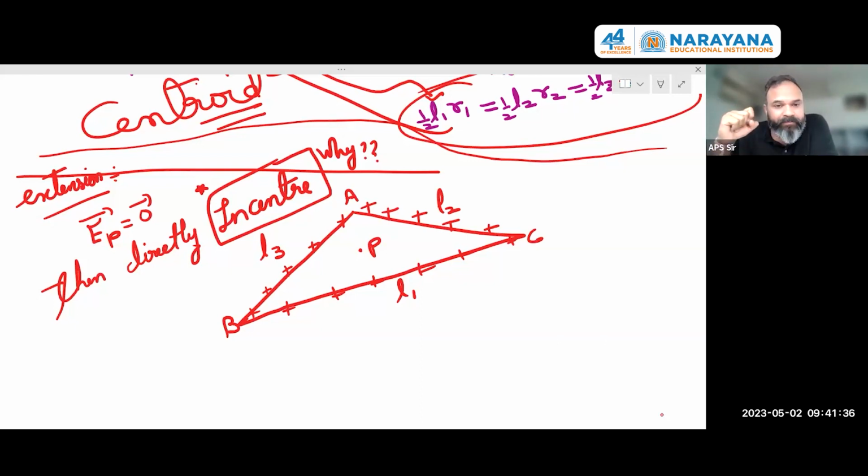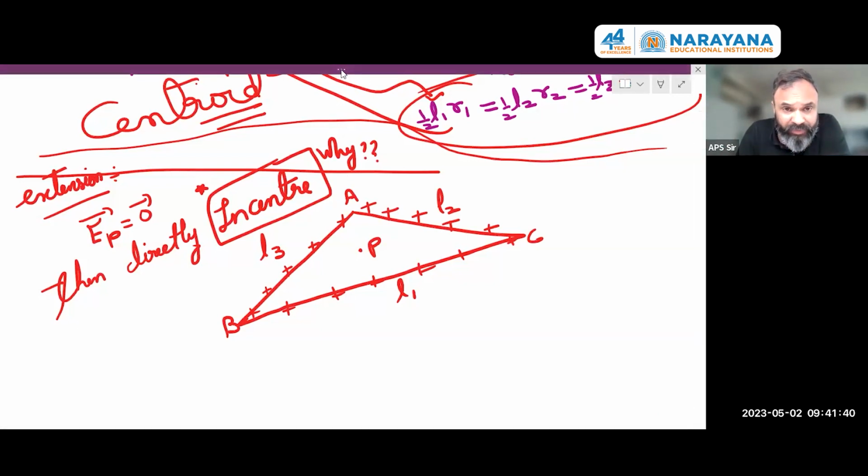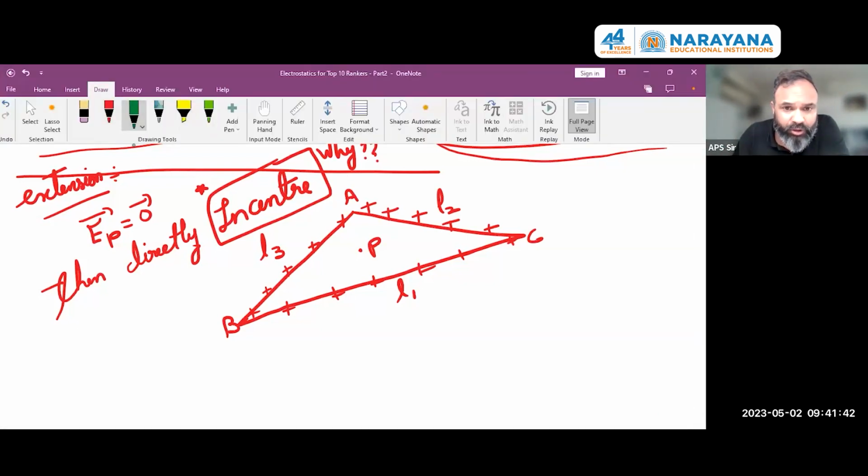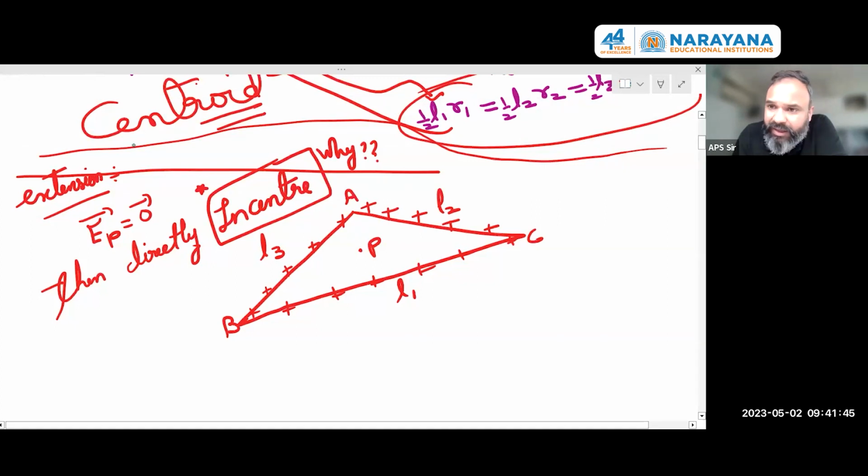My proof is, if the field here is 0, first of all, I'll draw a circle taking center at this point. I'll justify by geometry. If you draw a circle with this point as the incenter, the radius, the perpendicular distance from all the three sides, will be the same.